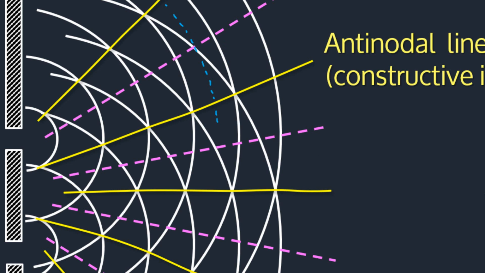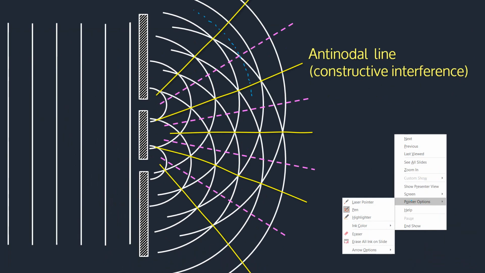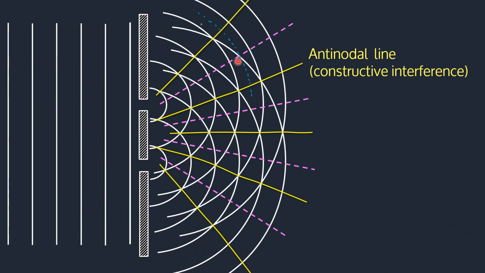Now I want you to look at this. Do you realize that here there is a crest meeting with a trough? Even here, there is a crest meeting with a trough, a crest meeting with a trough, a crest meeting with a trough. You see those points?